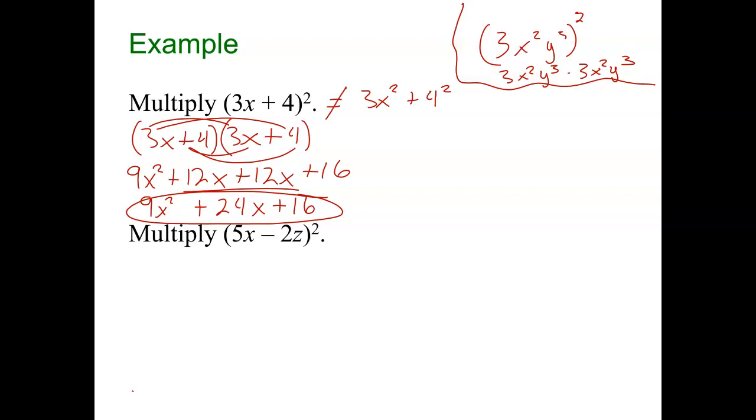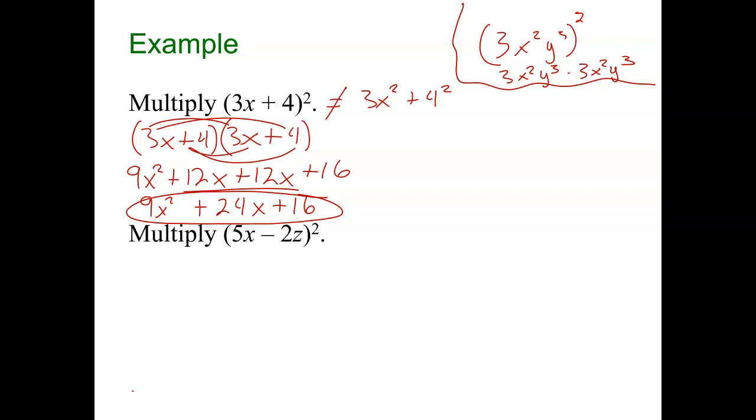Make note of that, because that is a very, very common mistake that I see all the way through pre-calculus. In calculus. I've seen calculus students do it. Make a note of it. Star it, circle it. Tattoo it on the back of your hand. Something. You cannot distribute that exponent. You square it, you multiply it by itself.